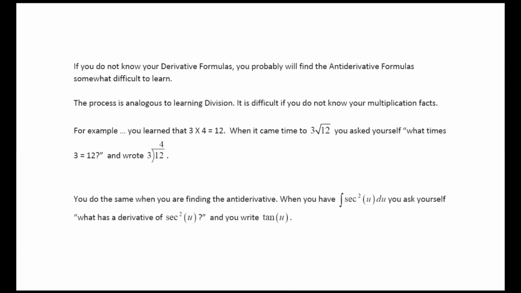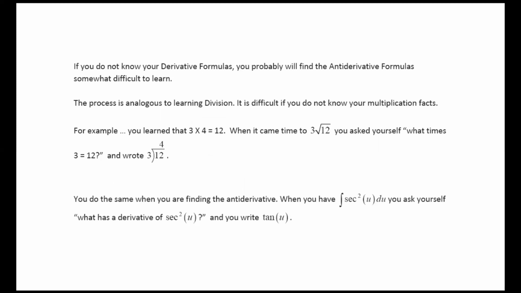Now, if you do not know your derivative formulas, you will probably find the antiderivative formulas somewhat difficult. And I think we're being very nice to say somewhat difficult, next to impossible. You have to know your antiderivative problems.